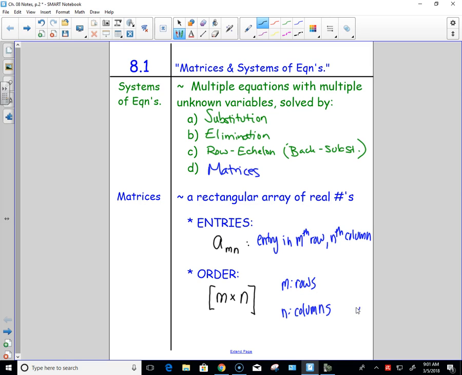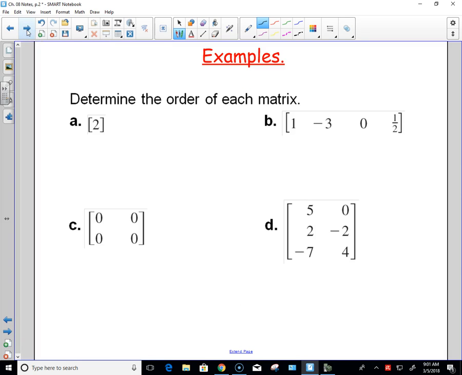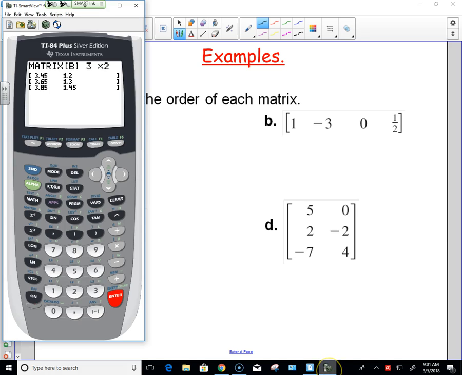But once again, your test has a by hand portion as well, because you have to understand what you're working with. So you're going to have to be able to do some things by hand also. So matrices, you guys can see them in your calculator. We've talked about the order, so I want you guys to take a second with these 4 different examples, and give me the order, the m by n for each. What would you have to type in to your calculator in this part right here, m by n, in order to make the right size to put in your matrix?